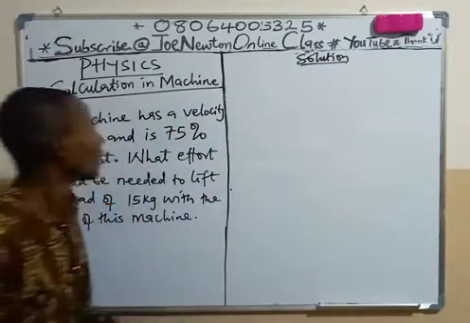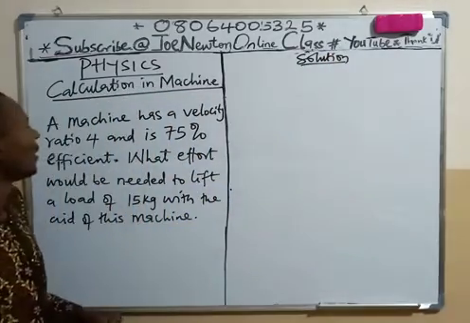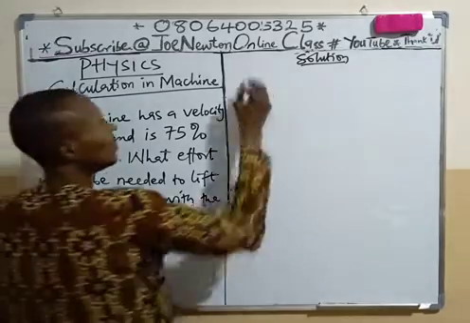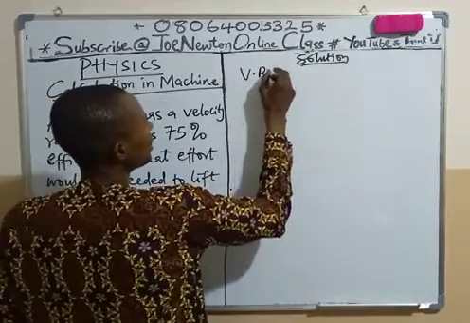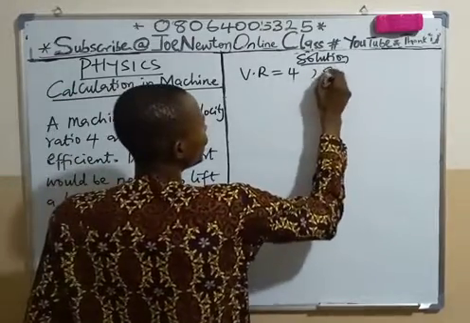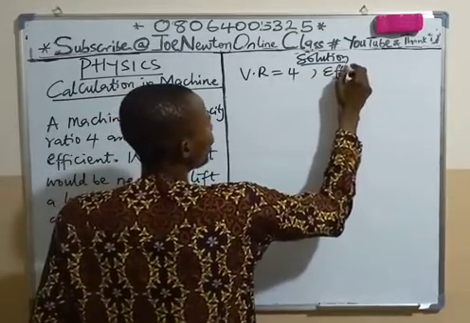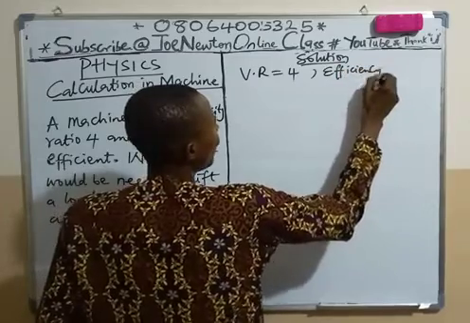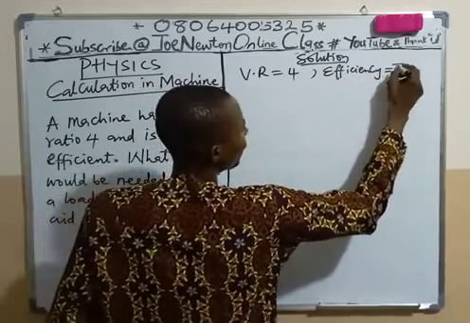The machine has a velocity ratio of 4. Then the efficiency of the machine is given as 75%.